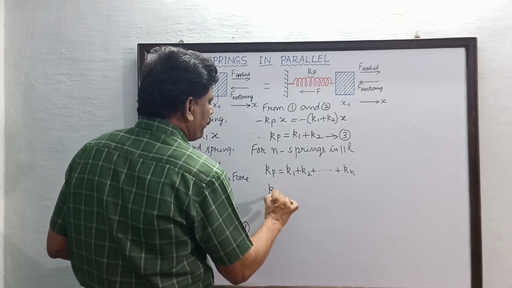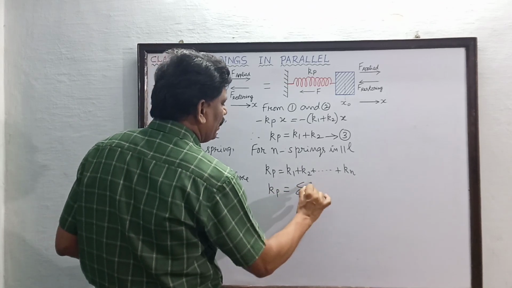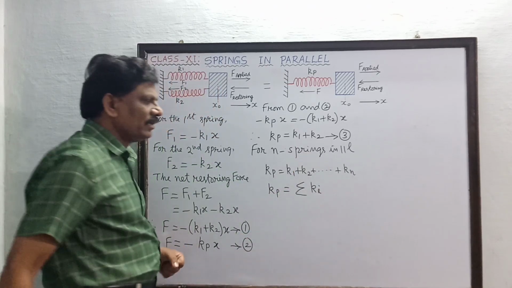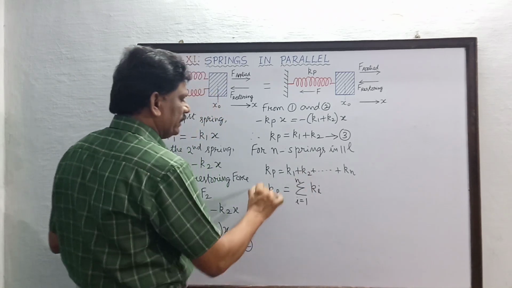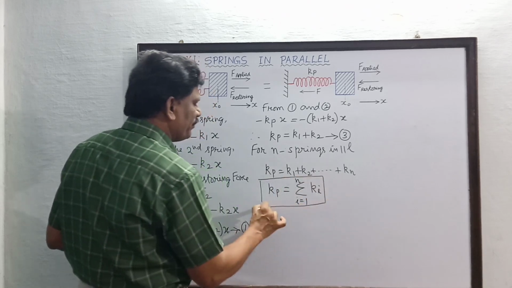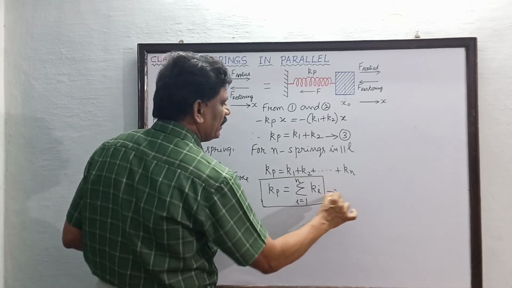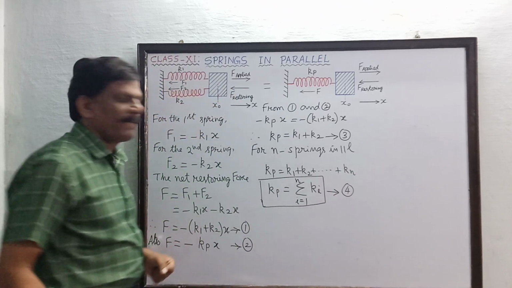So K parallel is equal to sigma Ki, where i is running from 1 up to n. This is one of the important steps, numbered as equation 4.